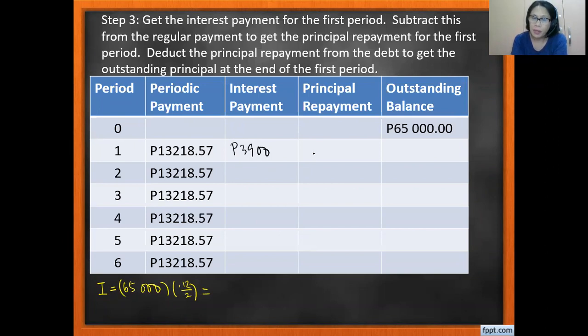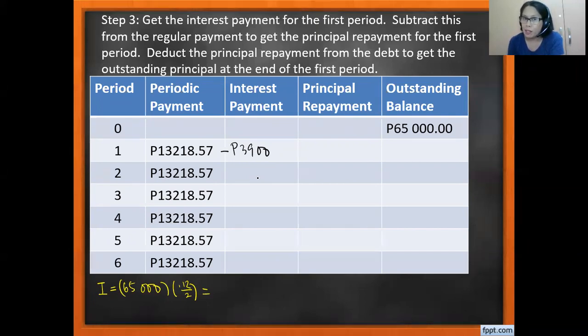Now, the principal repayment will be the difference of the periodic payment and the interest payment. So, using your calculator, never end using your calculator. We'll come up with an exact value always, but we will round off the value on the table. For example, in your calculator, you have an input of 3,900.